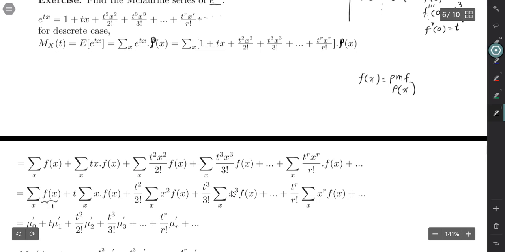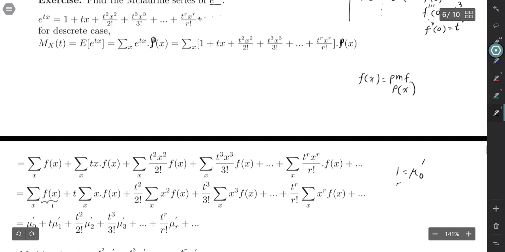If you can remember, in a previous corollary, we found that 1 is mu naught prime. That is the 0th moment, or when r is 0, the moment about the origin, mu naught prime, which is 1. So we replace 1 with mu naught prime. Then the next one, the sum of x fx, this is the expectation of x.